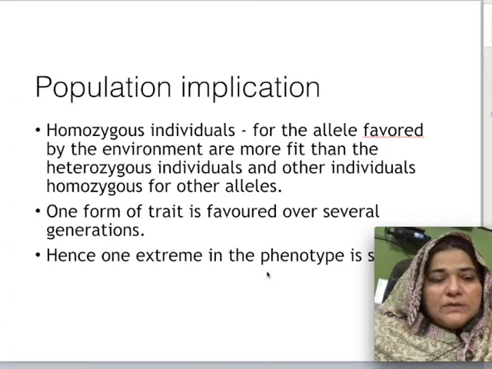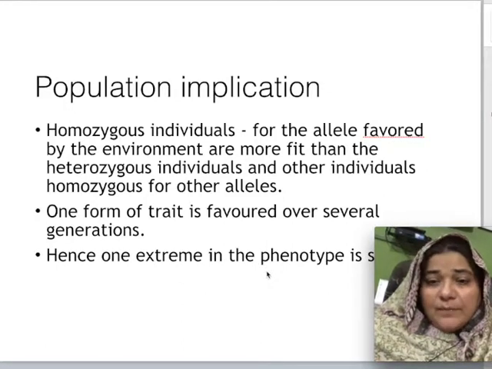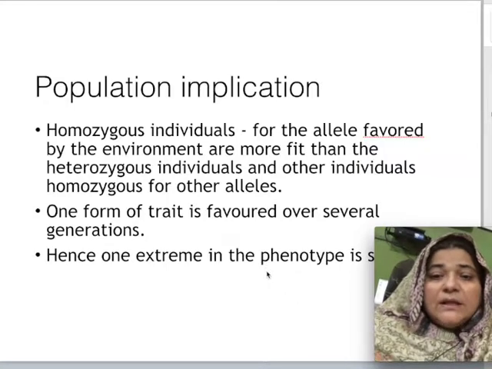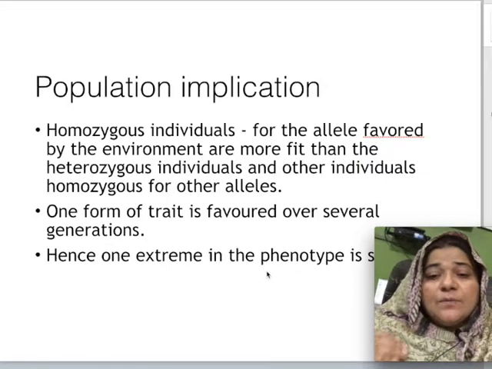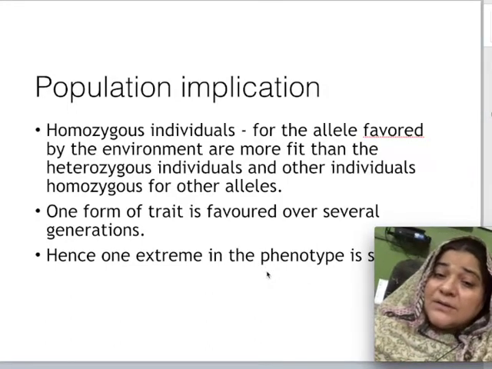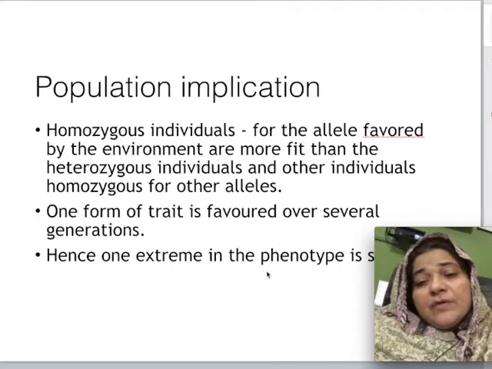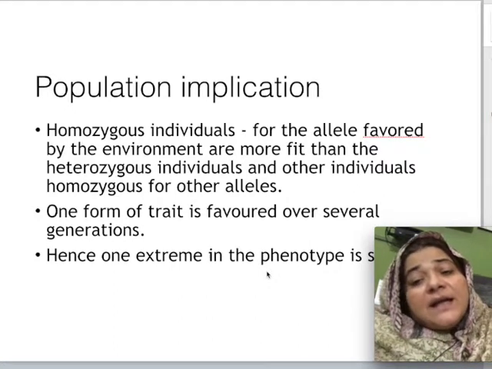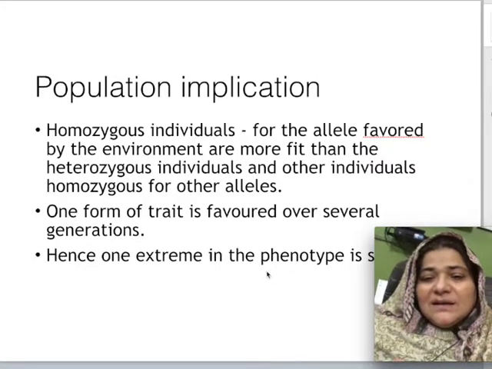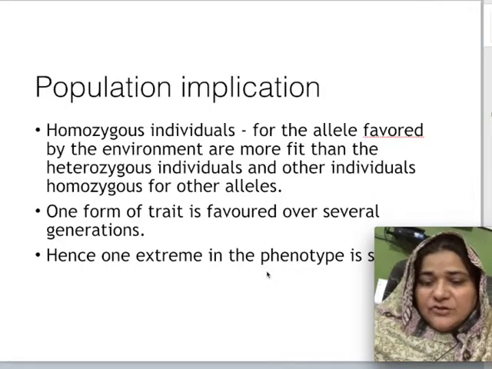The homozygous individuals of the type that are favored by the environment become numerous as compared to the heterozygous individuals, as well as those individuals which are homozygous in some other allele. It's slightly complicated. Now let us put it in the context of the example that we have just discussed.